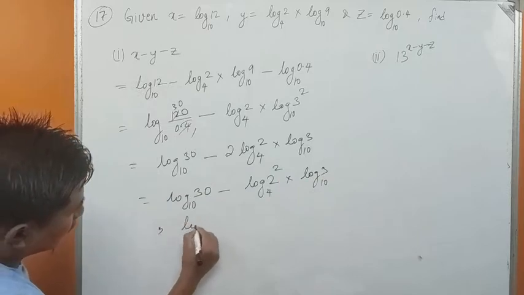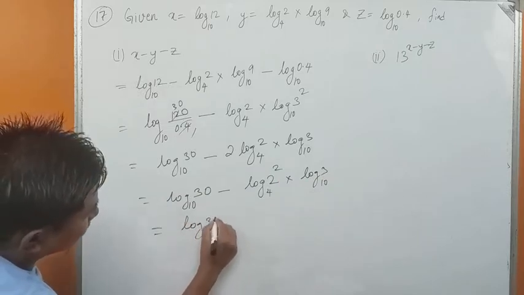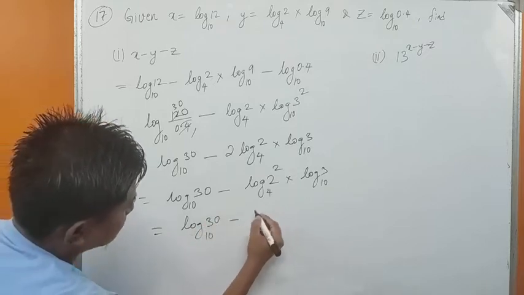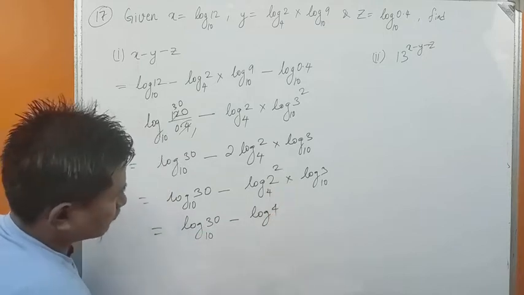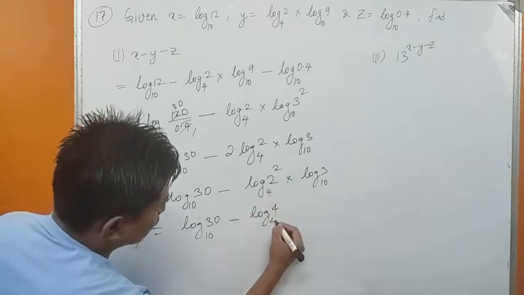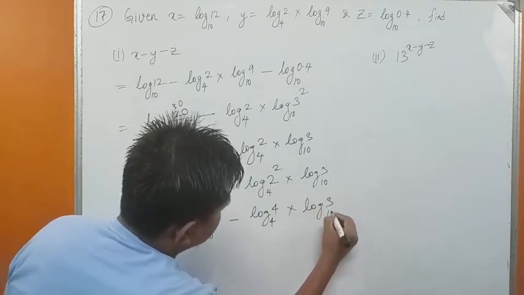This equals log 30 to the base 10 minus log 4. 2 squared means 4, isn't it? Log 4 to the base 4 into log 3 to the base 10.